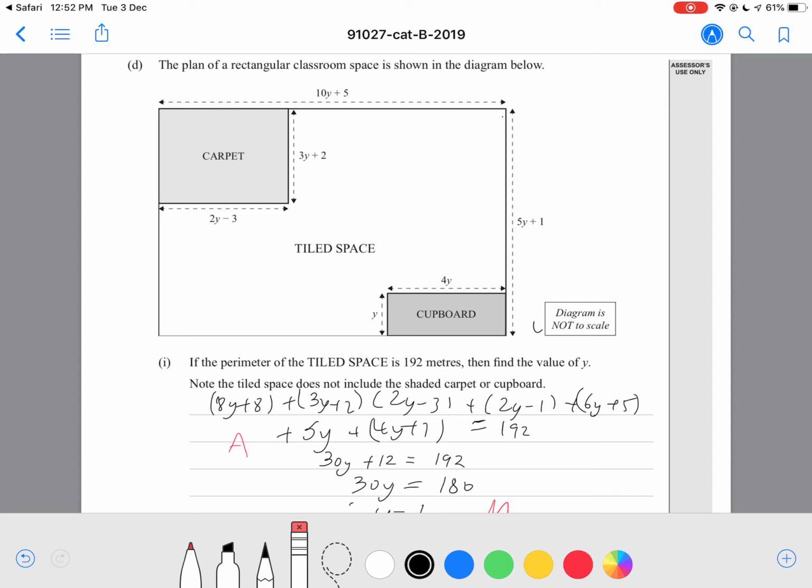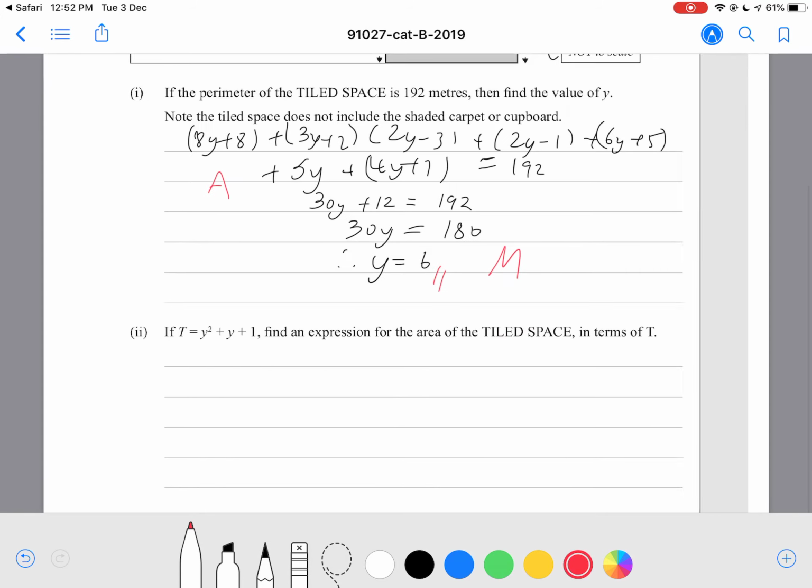Right, so the area of the tiled space can be rewritten as the area of the rectangle minus the area of the carpet minus the area of the cupboard. I would say this is carpet and this is cupboard. So area of rectangle minus the area of the carpet minus the area of the cupboard equals the area of the tiled space. Alright, so we can model this equation.